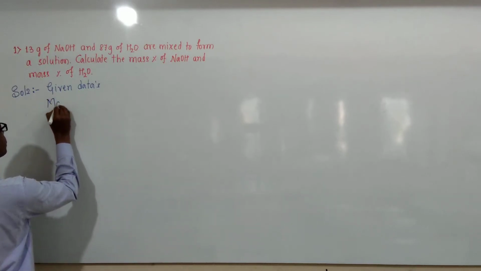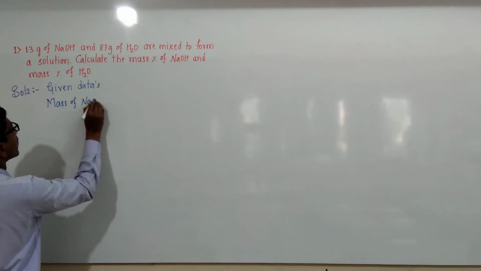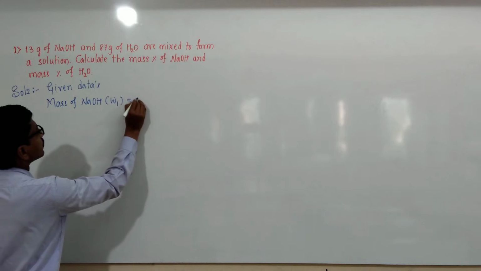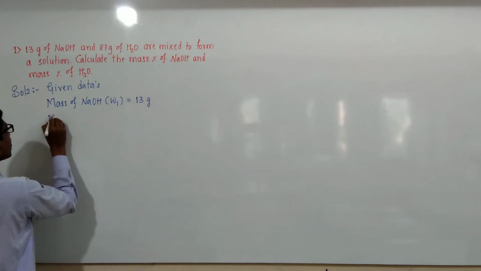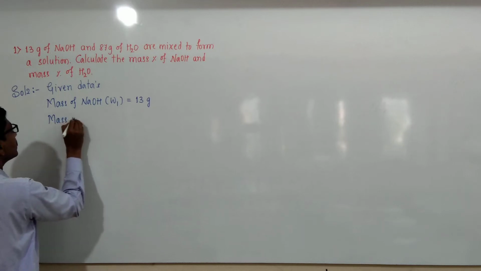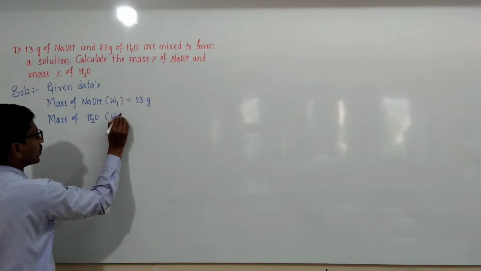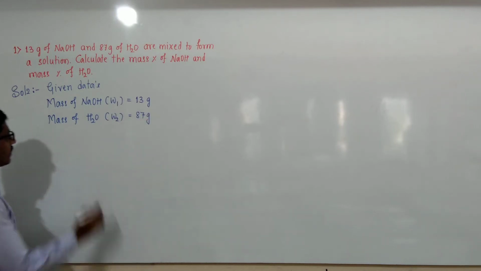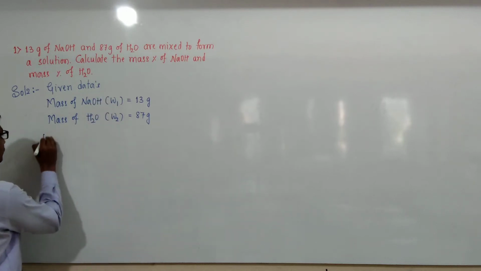They given mass of NaOH, that is W1, is equal to 13 gram, and second one is mass of water, that is W2, 87 gram, and from these two we can calculate the mass of the solution.